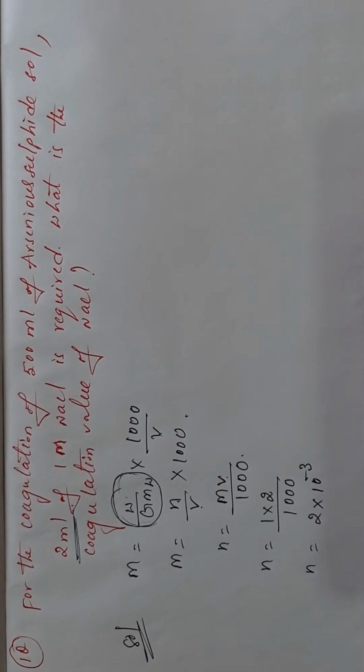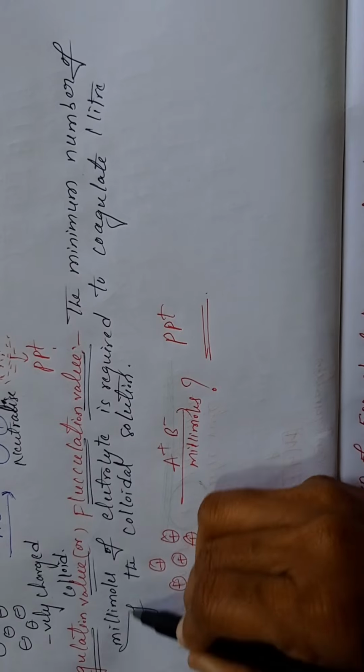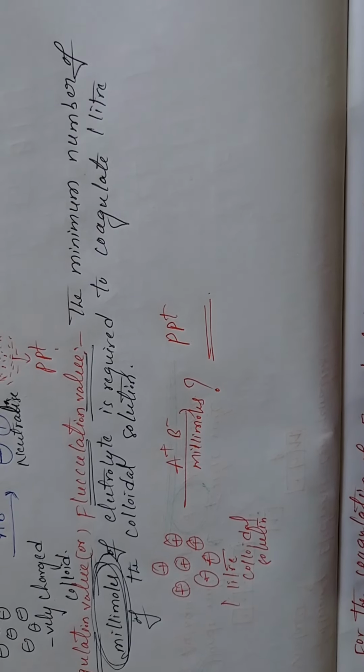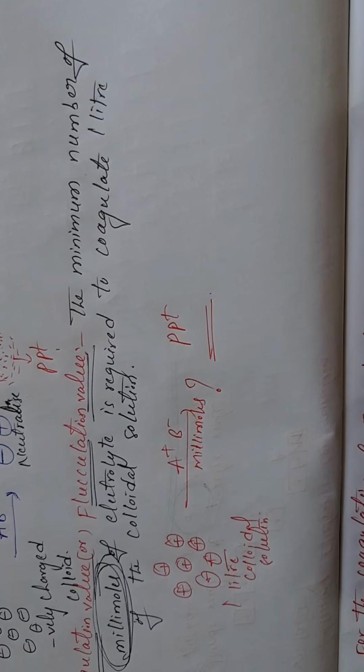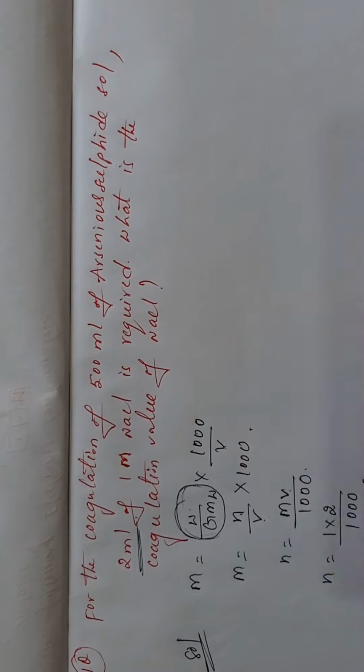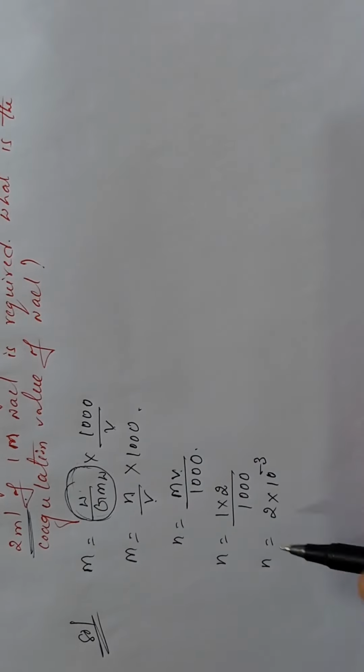But according to the coagulation value, what is the coagulation value, students? Definition: the minimum number of millimoles of electrolyte required. Millimoles is being asked. That is the definition: millimoles of electrolyte required. But in the question they have given moles. So that's why we first calculated the number of moles.